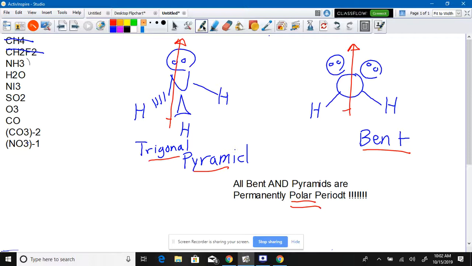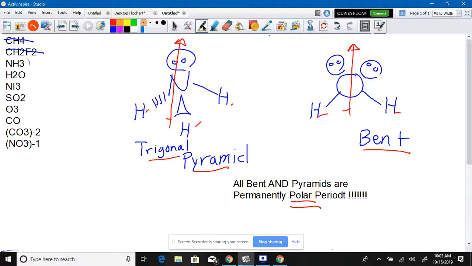Now, can tetrahedrals maybe change? Tetrahedrals can be different. Can trigonal planars be different? Can linear be different? Those can be different. Bent and pyramids cannot be different. Those are polar. I don't care what you put on the molecule. They are polar.